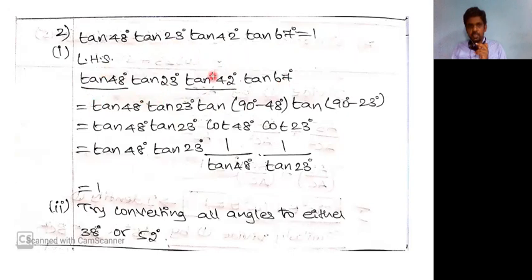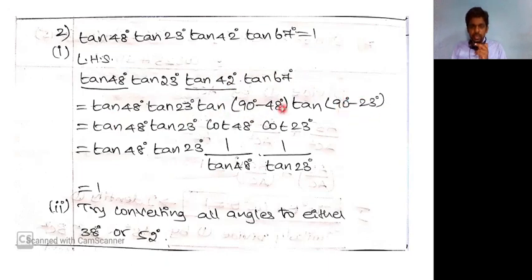So we'll use this as one pair and these two as the other pair. So I'll convert these two angles into 48 and 23. Tan 48, tan 23, I'm keeping as it is. I'm writing tan 42 as 90 minus 48. I'm writing tan 67 as 90 minus 23.